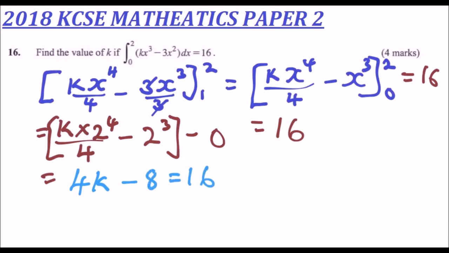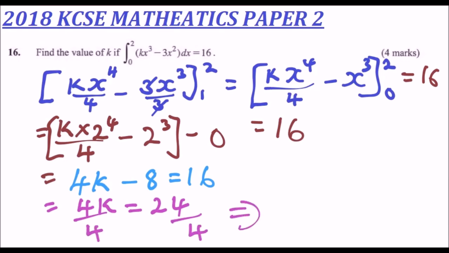Take 8 to the other side, you will be left with 4k is equal to 24. Divide both sides by 4, and then we have k is equal to 6. So that is how you work out that question.